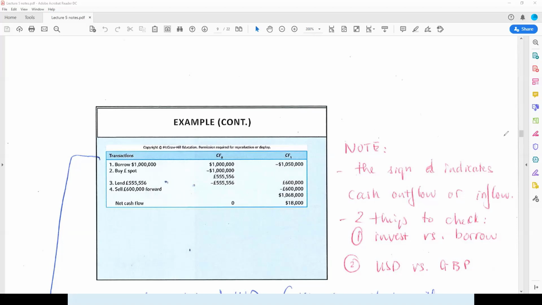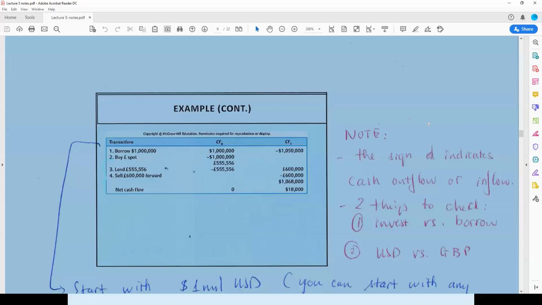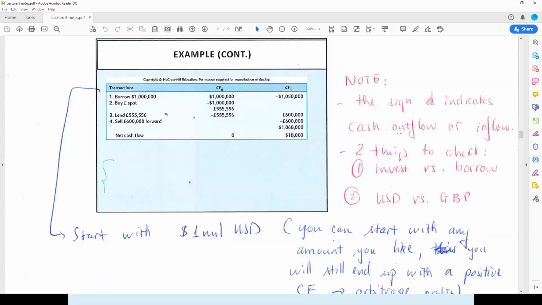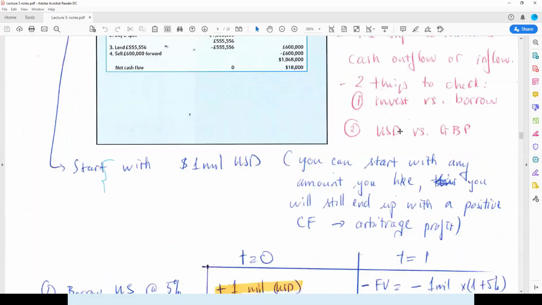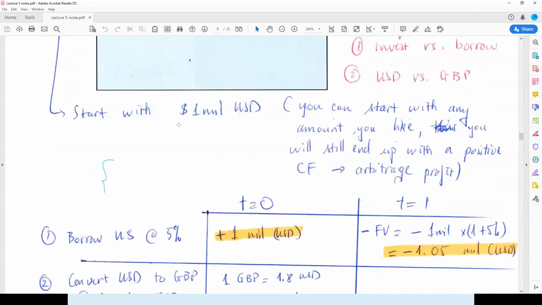So to conduct this arbitrage strategy, I'm going to do the following steps. Here I'm going to start with 1 million USD, okay, as per the question.